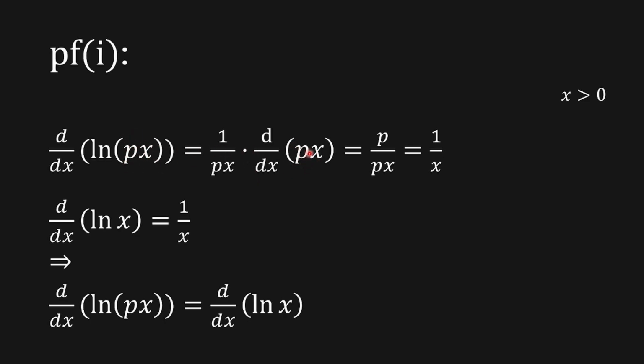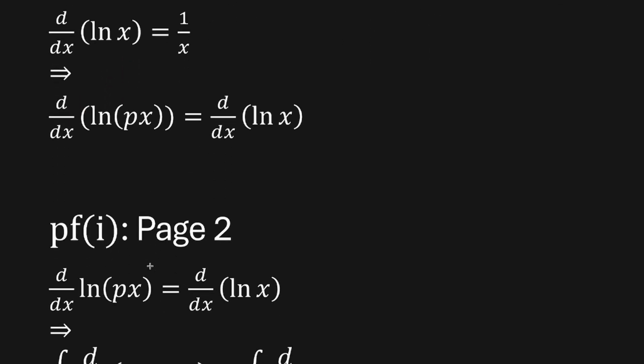So p is constant here, x is variable, and we're differentiating with respect to the variable x. So we get p over px. These p's cancel out and we get 1 over x. We also know from the first theorem that the derivative of ln x is equal to 1 over x. So this implies that the derivative of ln of p times x is equal to the derivative of ln x.